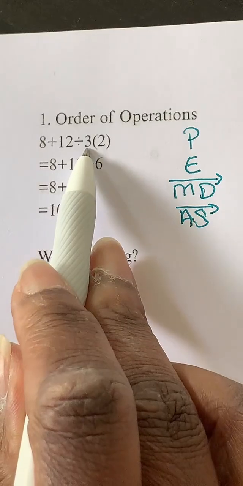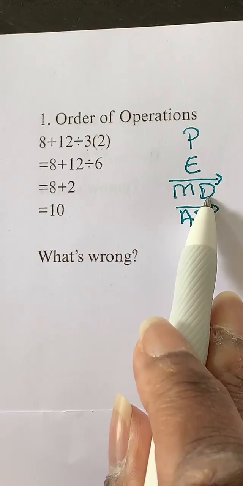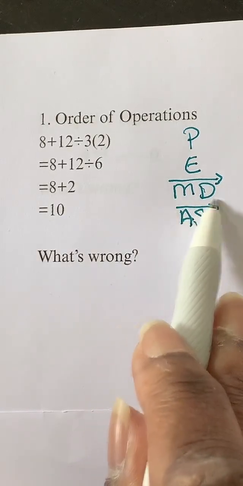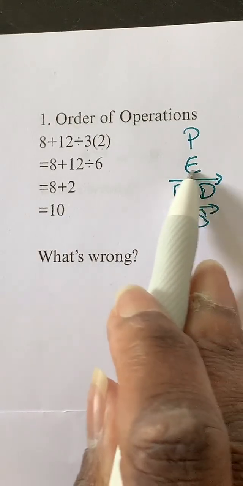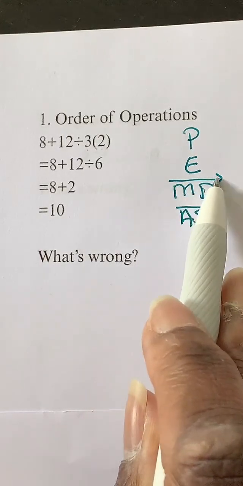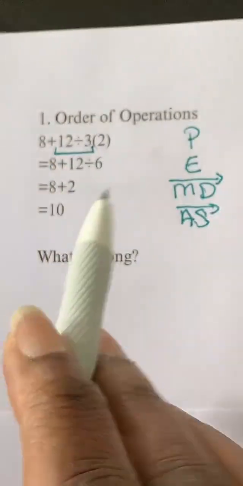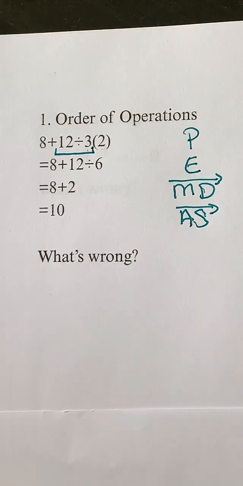A lot of people were multiplying the 3 and the 2. I know it says multiplication then division, but that's not what this is saying. You're doing multiplication or division, whichever comes first from left to right. So in that case, we have our 12 divided by 3.